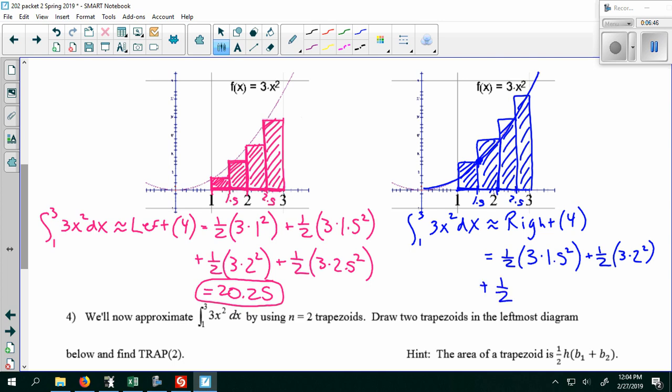Next rectangle has a base of 0.5, and its height is 3 times 2.5 squared. And then finally, 1/2 times the height of this last rectangle is the function value when x is 3, so 3 times 3 squared. And we get 32.25.